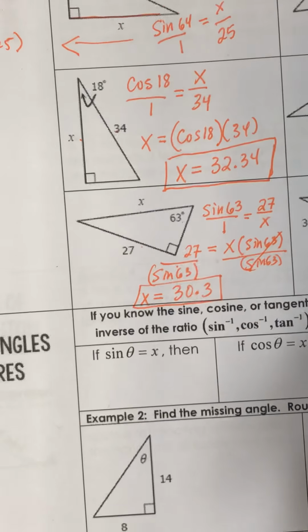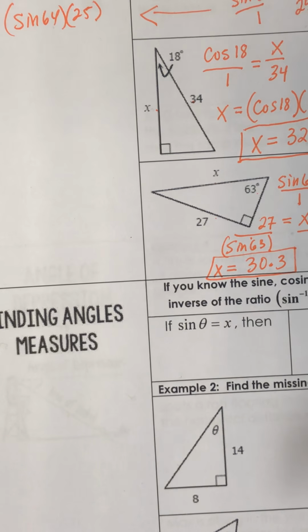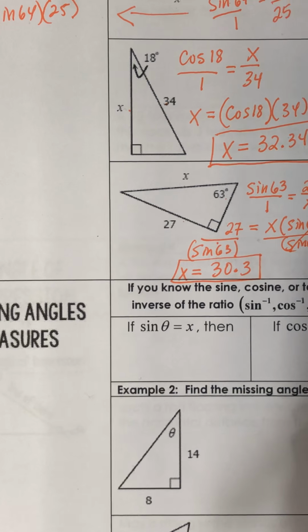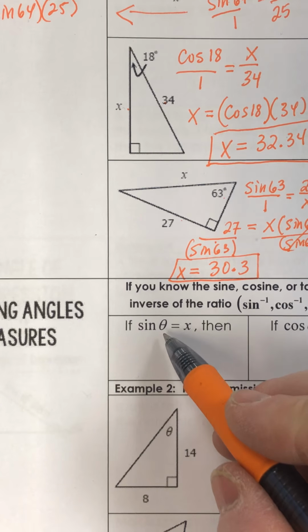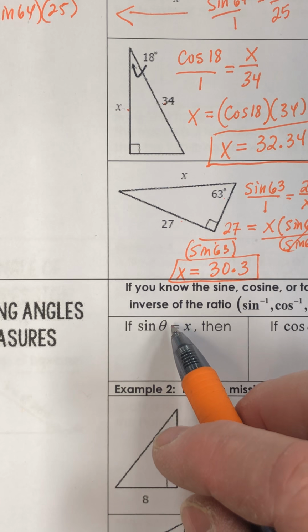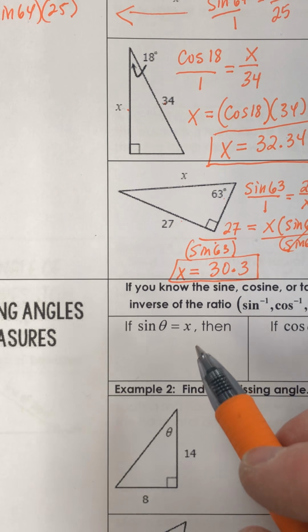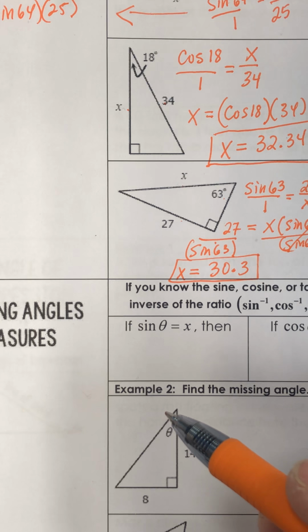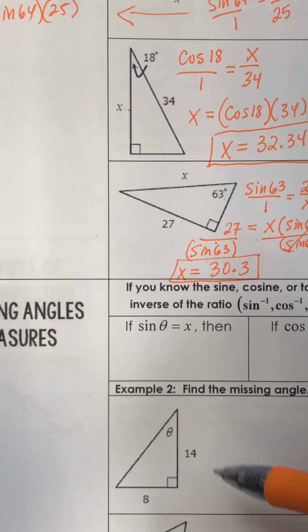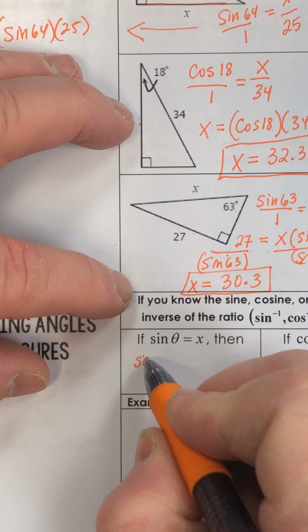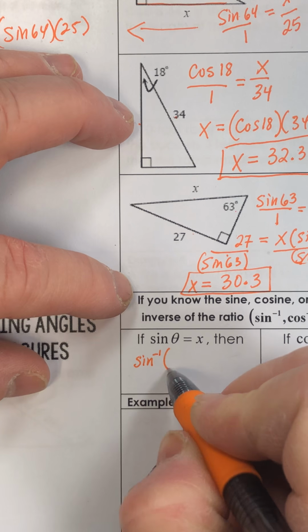So what you know is this angle represents a ratio of two sides, okay? So if you know the ratio but don't know the angle, you can do the inverse of the ratio and equal the angle. For example, if I know the ratio, I can do the inverse.